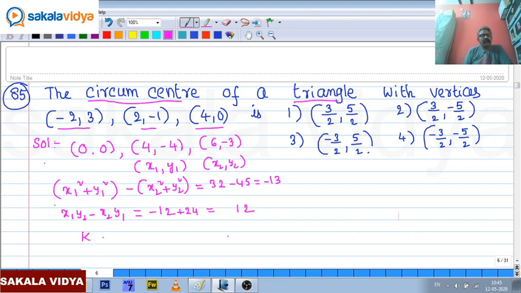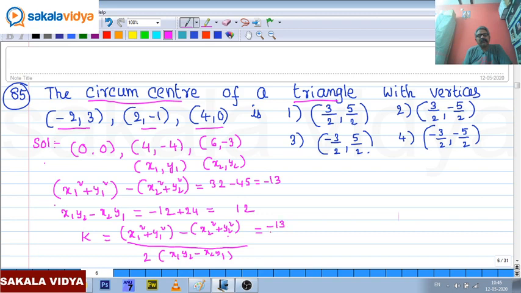Now k value. What is k value? x1 square plus y1 square minus of x2 square plus y2 square by 2 times x1 y2 minus x2 y1. That is minus 13 by 24. This I did it. Okay, next. X coordinate is minus k into y1 minus y2.